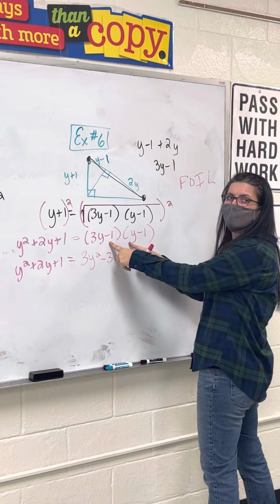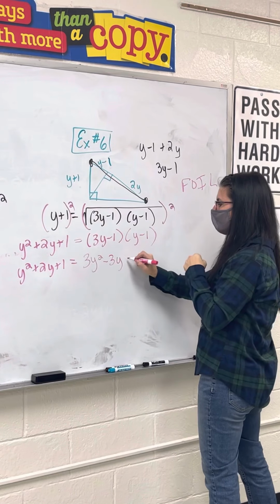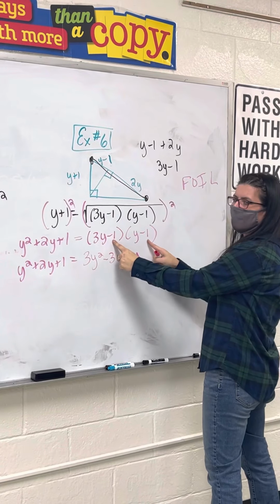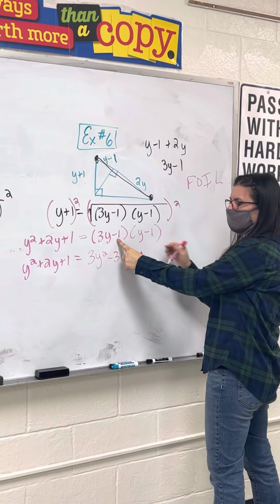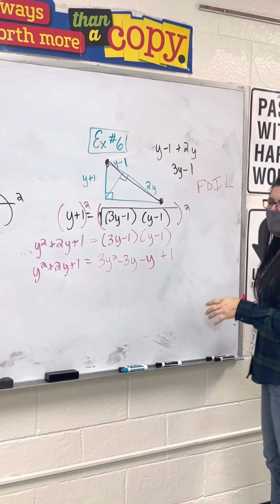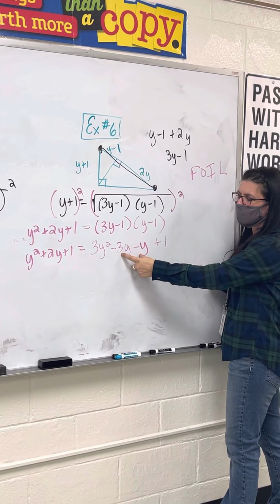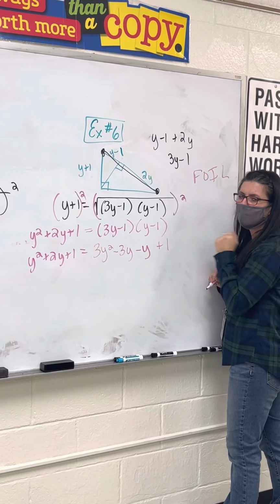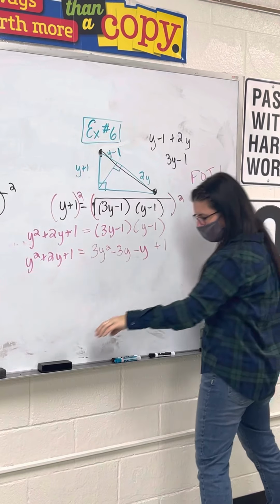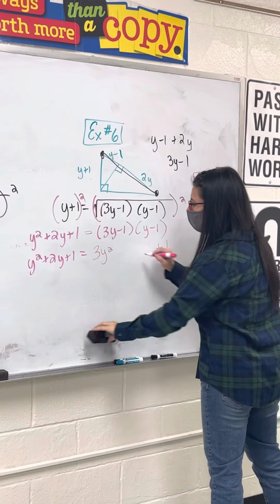Inner, negative 1 times y? Negative 1. And last, negative 1 times negative 1? Positive 1. Same scenario as last time. These two middle terms can be combined because they have common terms. So what's negative 3y minus y? Negative 4y. Good. I'm just saving myself some room on the board.